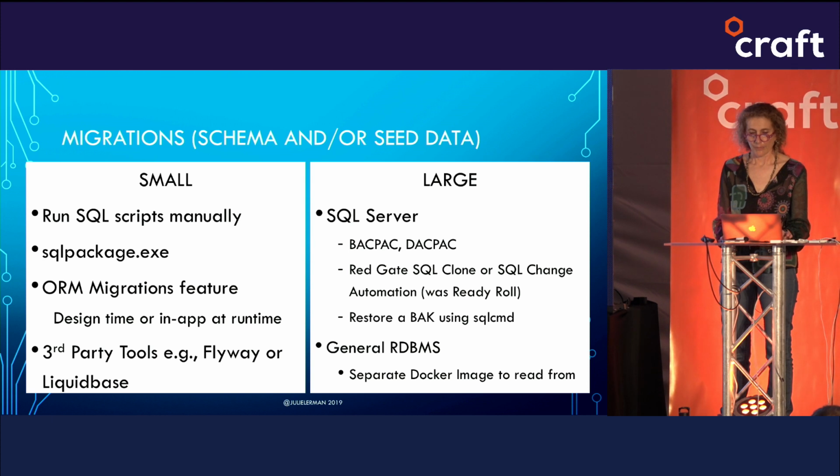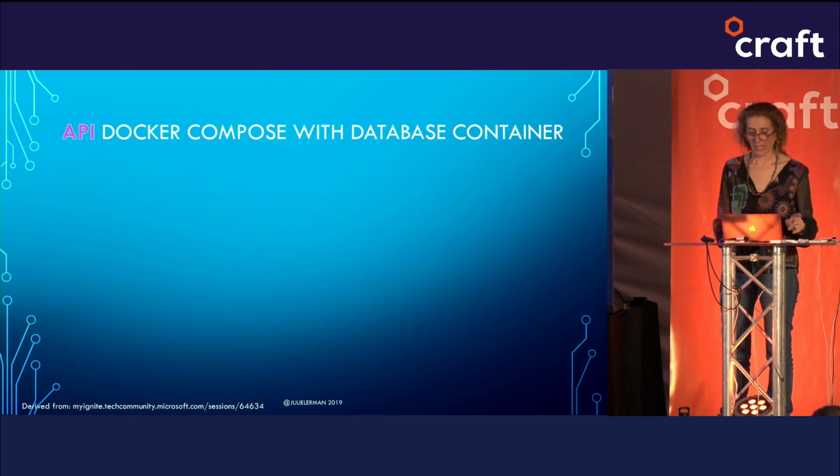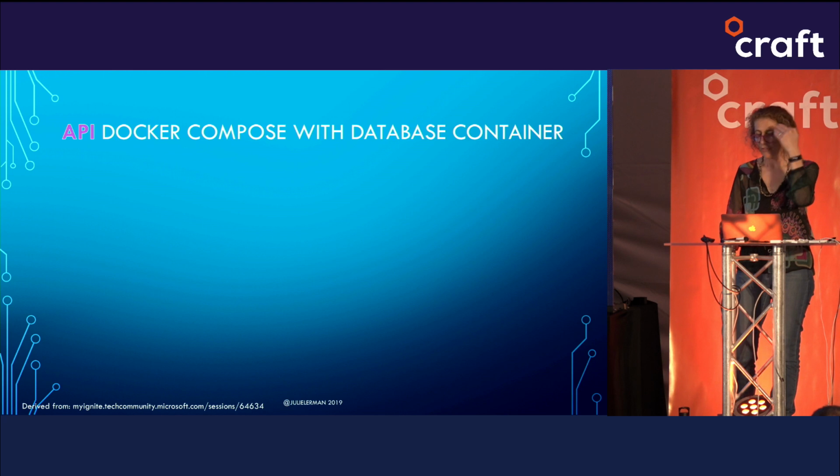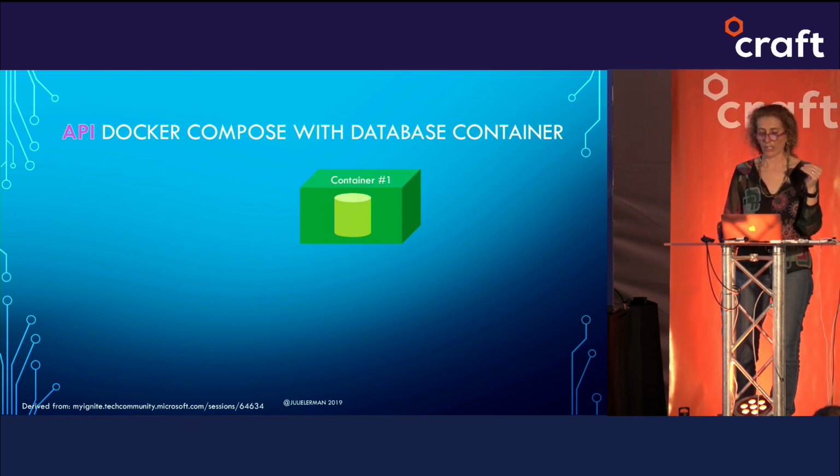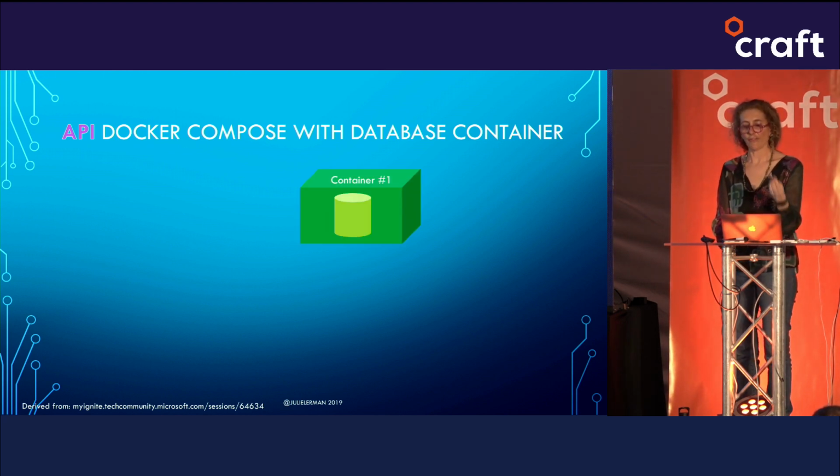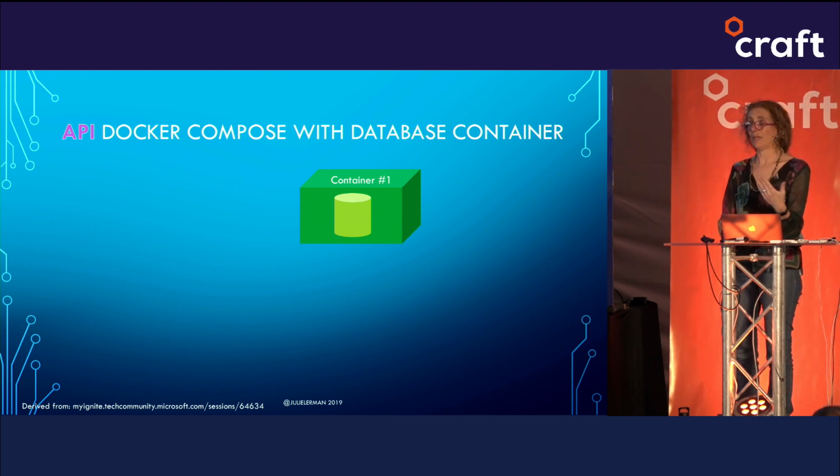But I actually want to skip ahead here to show you visually what's going to be happening before I run it. Because of the way the Docker Compose is structured, the first thing that's going to happen is the database container is going to spin up, okay?